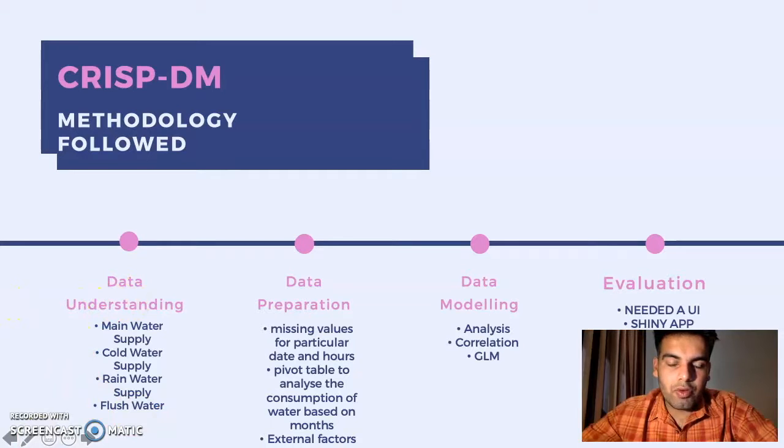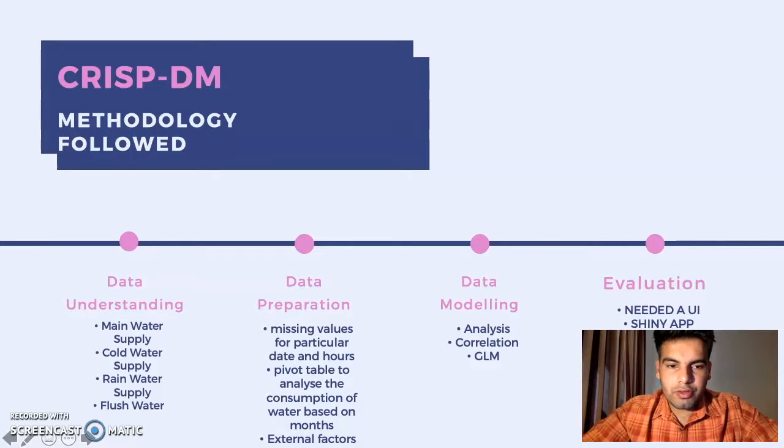So we had four main datasets provided to us, which were main water supply, cold water supply, rainwater supply, and flush water. They had various variables like time and date, the hourly rate, the hour, the date, the weekday, and what term it is, whether it is summer, Christmas, semester 1 or semester 2.